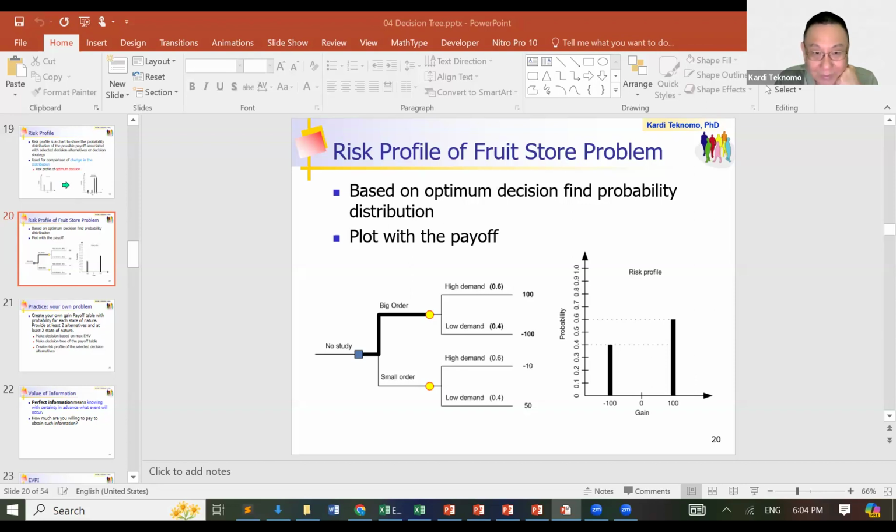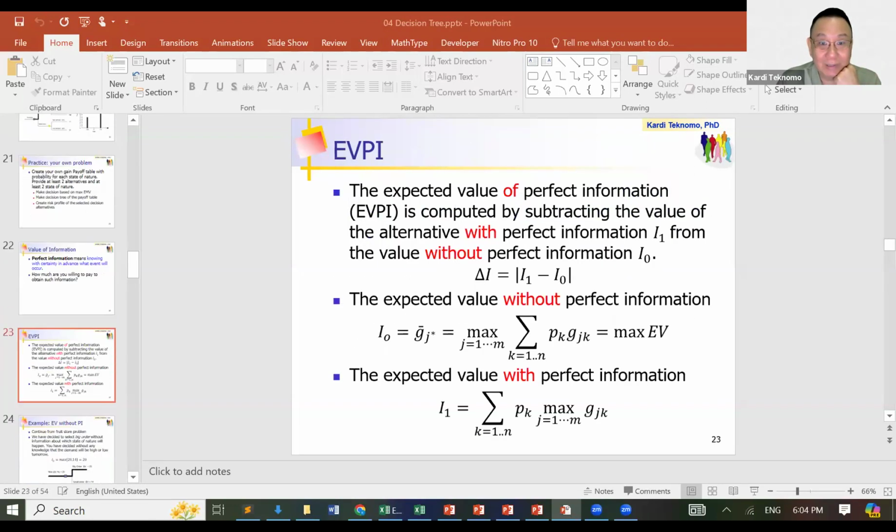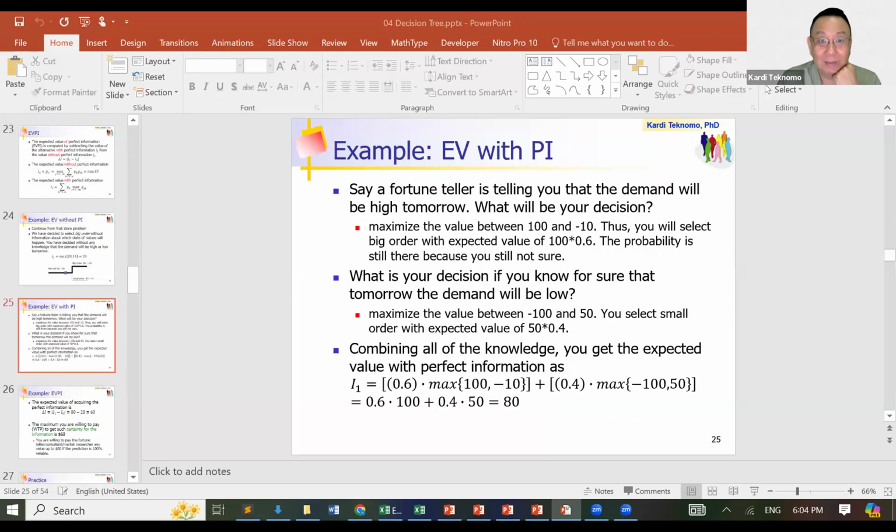Can you see? Back here, you want to maximize the value between 100 and minus 10. So in this case, you will select big order, because 100 multiplied by 0.6; the probability is still there because you are not sure.